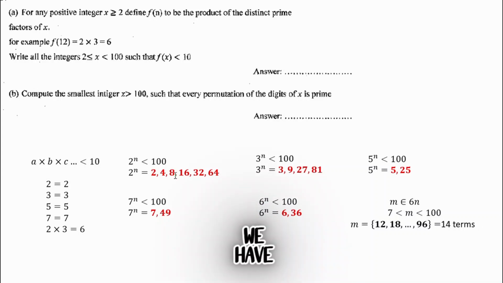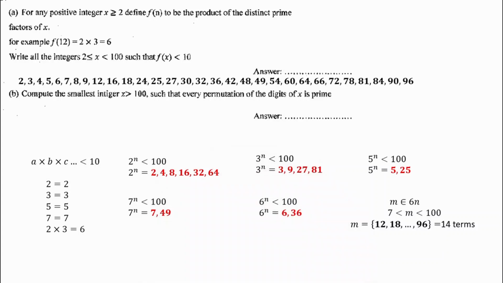So here we have 6, 4, which is 10, and we have 12, 14, and 16 terms. And with these 14 terms right here, it's going to be 30 integers. So there are 30 integers suitable for x. So let's write down all of these 30 integers we just discovered.